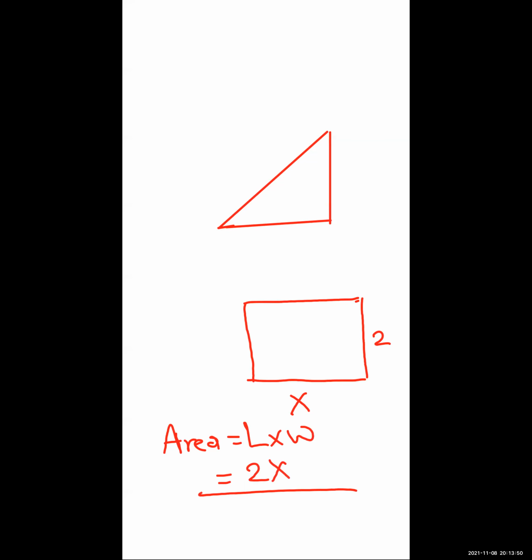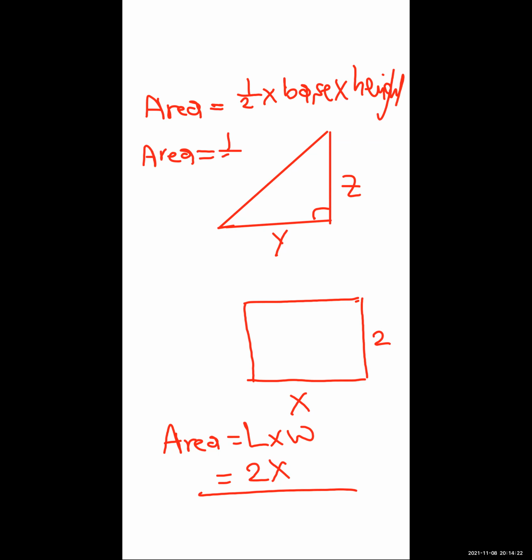That's it. But if there is a triangle like this one, where this side is y and this one is z, and I want to get the area of that triangle, all of us know that the area of the triangle equals half times base times height. So the area will equal half times y times z. So half y z. That's it.